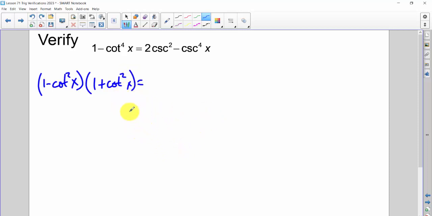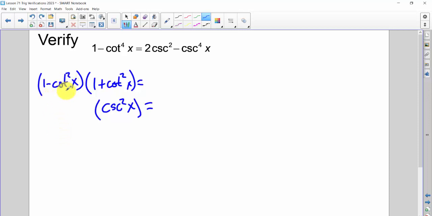The problem is I need to get all this into cosecants. And I know 1 plus cotangent squared is cosecant squared of x. So that is perfect.